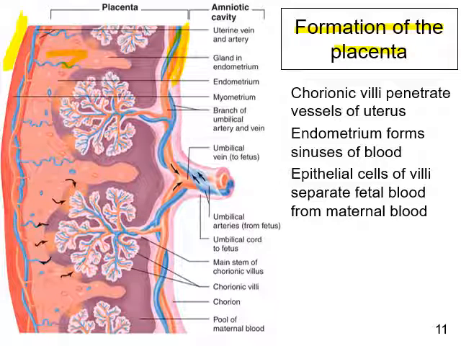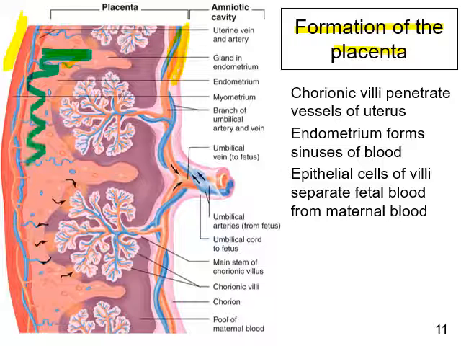This area here is supposed to illustrate the uterine endometrium, rich in blood supply. These tree-like structures here are the villi, singular is villus, plural is villi, the villi of the chorion. So these are chorionic villi that develop and make contact with the placenta, well, really with placental pools of blood.